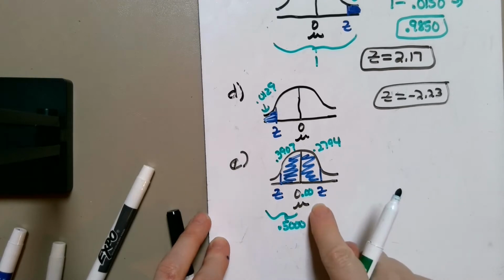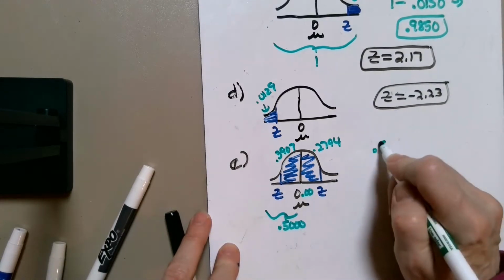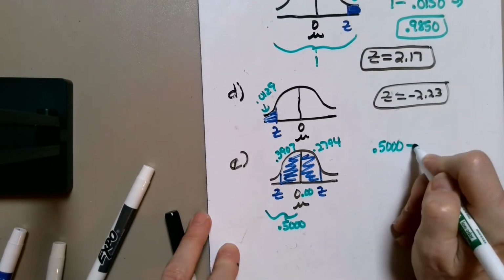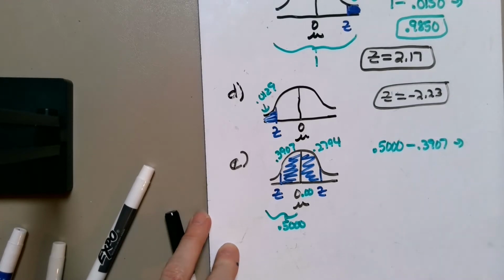If we look up 0.00 on the positive or negative z side, we get the area to the left. So to get the left z-score, we're going to take 0.5000 minus the unshaded 0.3907. Subtract.